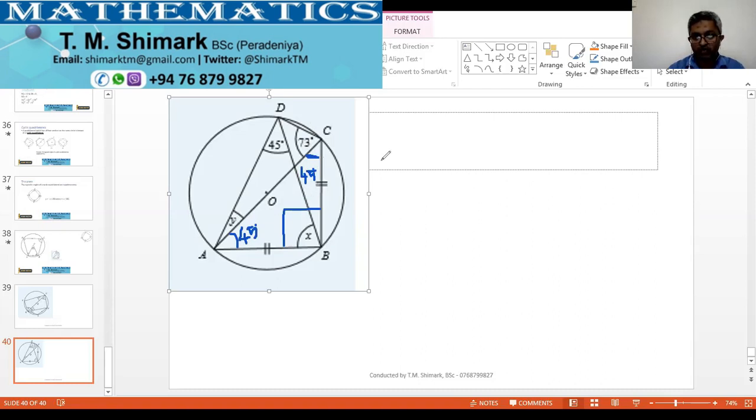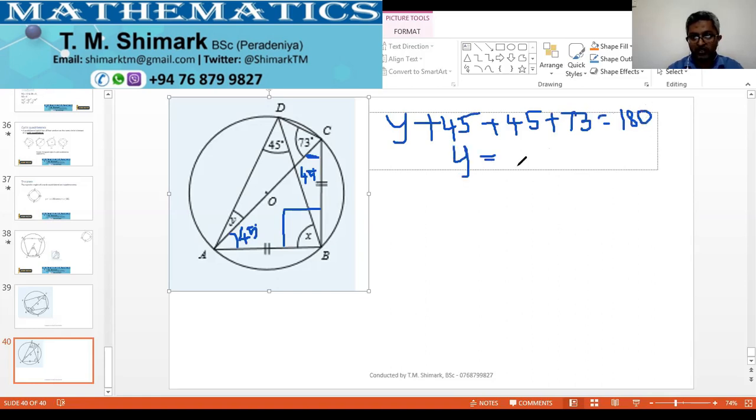So y plus 45 plus 73 is equal to 180. Now we can see y is going to be 17 degrees.